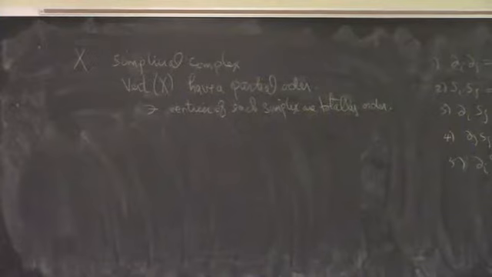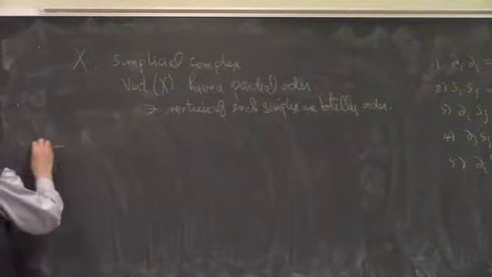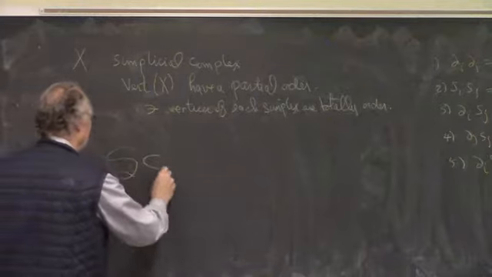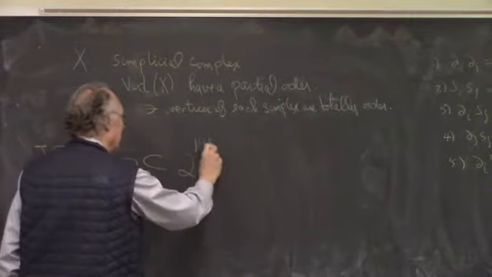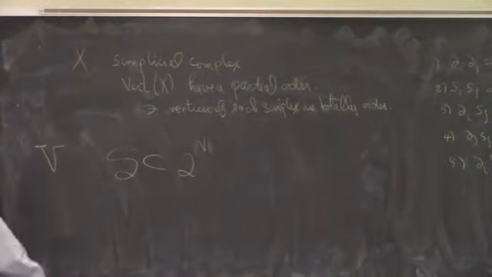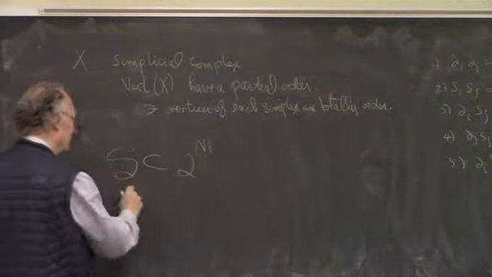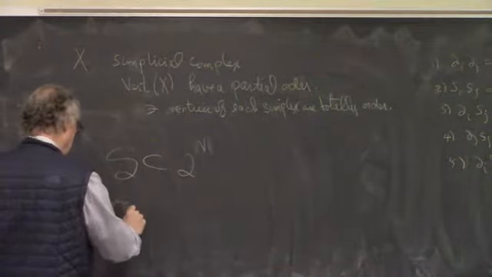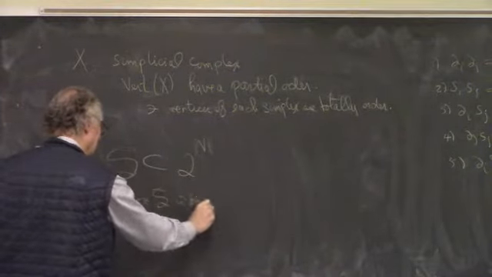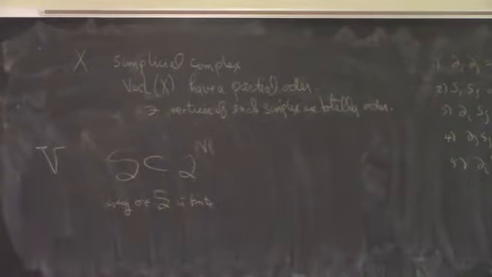Sorry, what's a simplicial complex? What is a simplicial complex? You have a set of vertices, and you have a collection of subsets of V. Every sigma in S is finite, so only finite subsets.